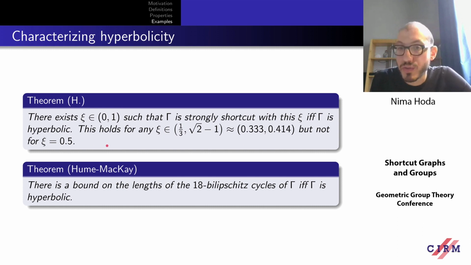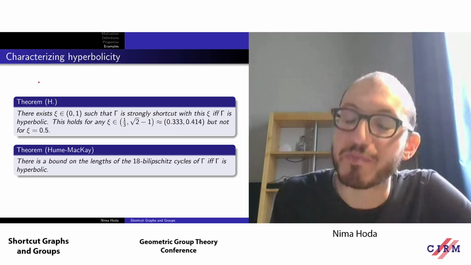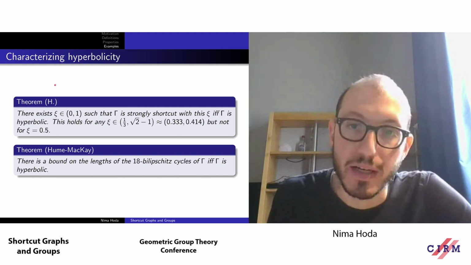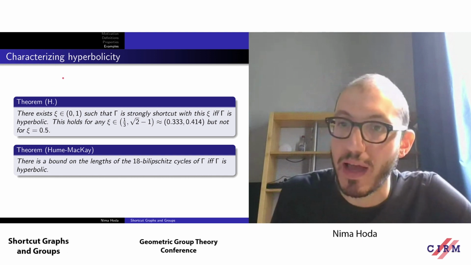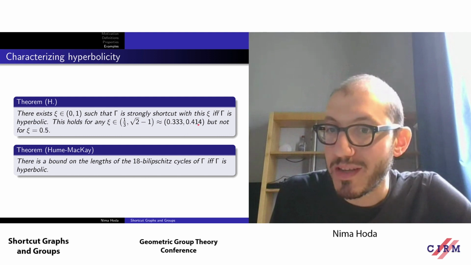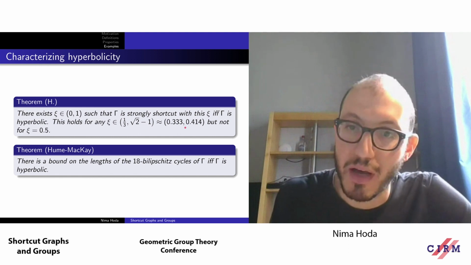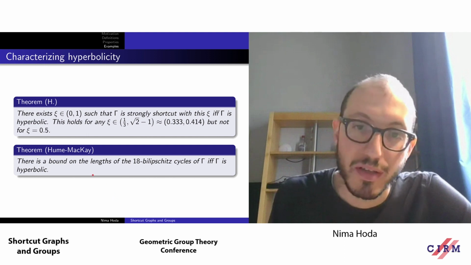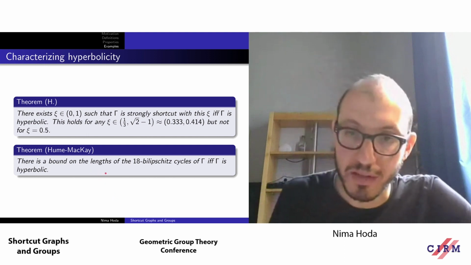So this holds for any psi strictly between 1/3 and √2 - 1. Of course, it doesn't hold for psi equals 1/2 because the standard Cayley graph of Z² is not hyperbolic, and yet it's strongly shortcut for psi equals 1/2. So it's not known what the tight value is at the top of this interval. But that could be an interesting thing to figure out.